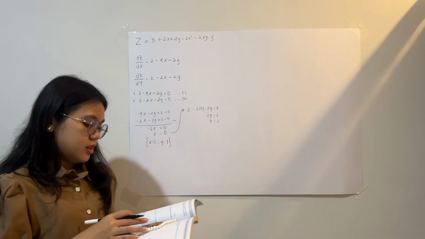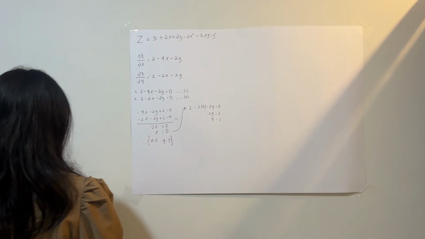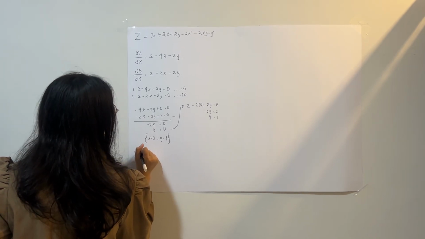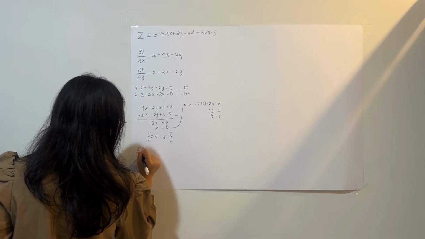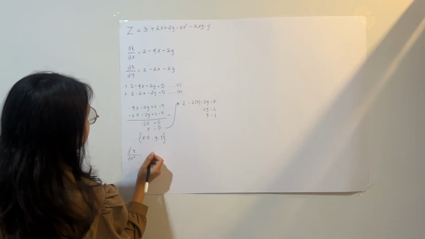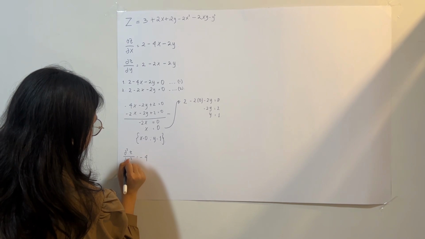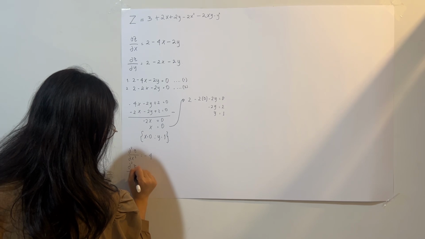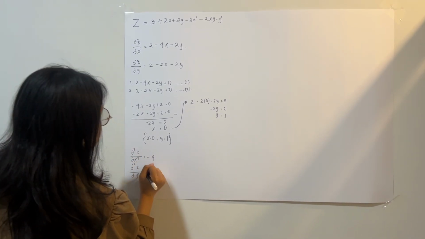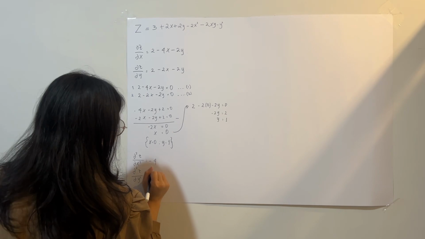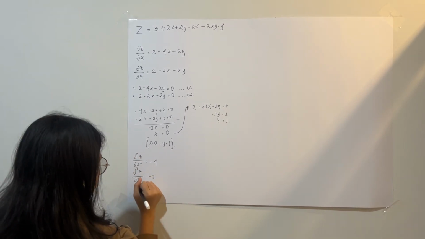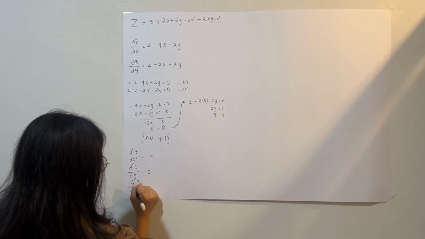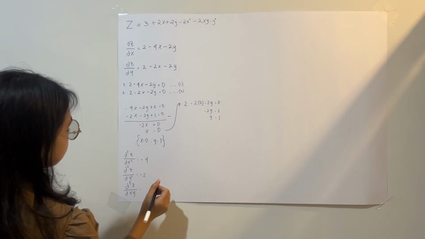Next, we compute the second order partial derivatives. So, dou squared z per dou x squared is minus 4, dou squared z per dou y squared is equal to minus 2, and dou squared z per dou x dou y is minus 2.